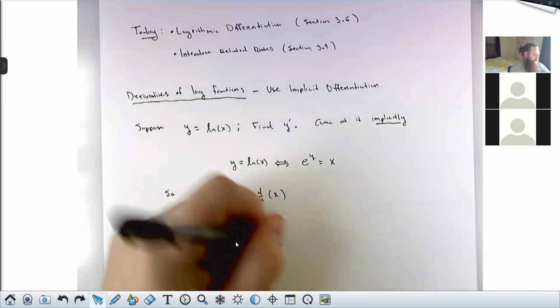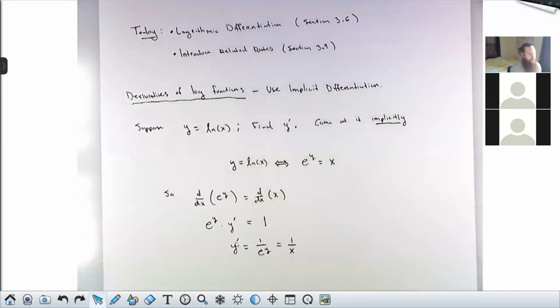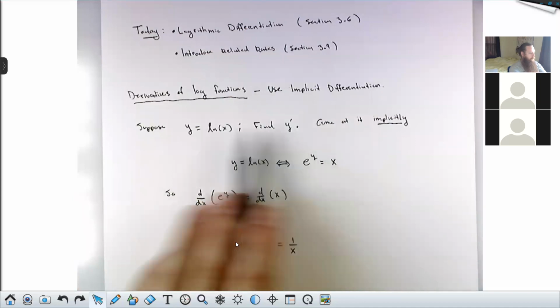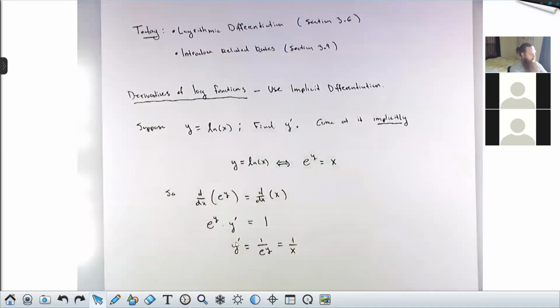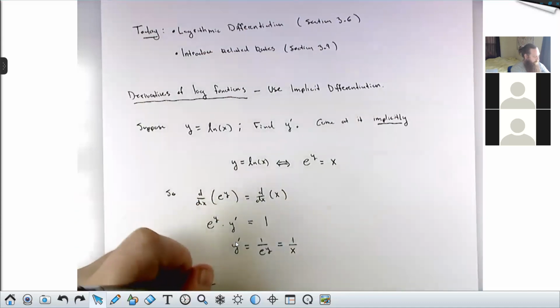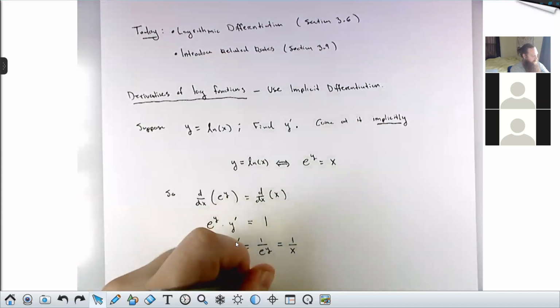So 1 over e to the y is 1 over x. And that's it. If y is equal to ln x, then y prime, the derivative of ln x, is 1 over x. So, i.e., the derivative of the natural log of x is 1 over x.